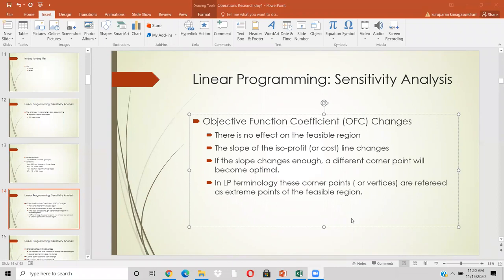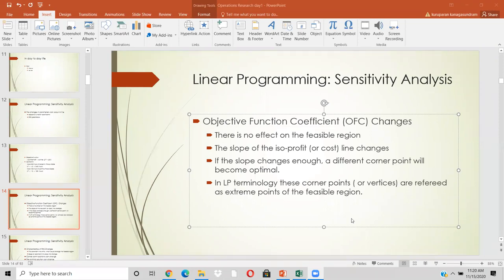Constraints or objective function determine the feasible region? Constraints. Okay. Usually the constraints determine the feasible region. If we are not changing the constraints, there will be no changes in the feasible region. When we change the objective function, then the optimum solution may change.